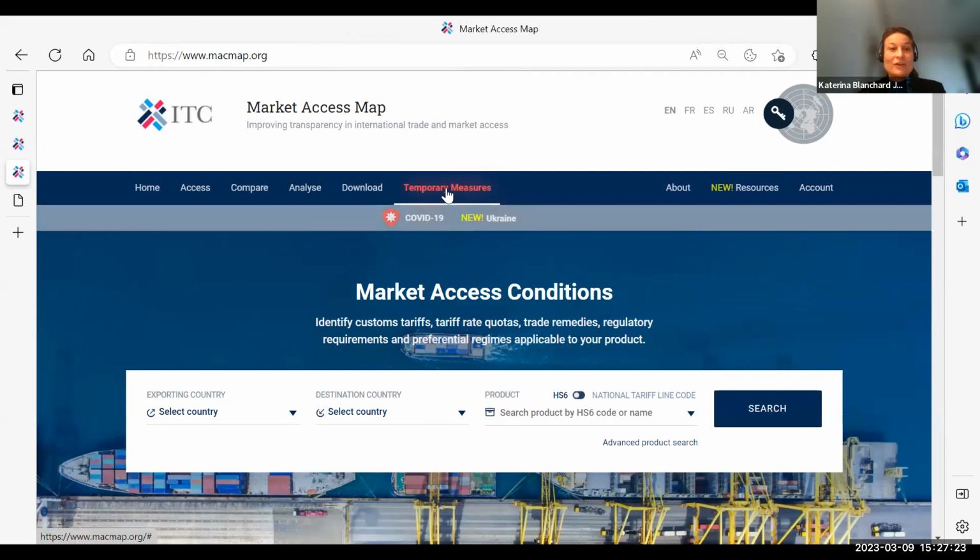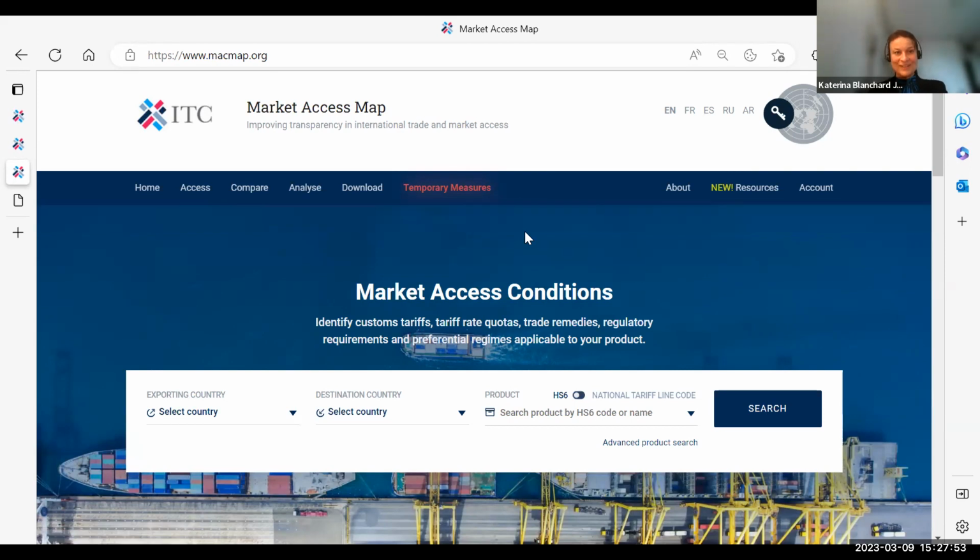We also have a special site with information on temporary measures related to COVID-19. We will soon be retiring this section because this information is not really updated, and we now have information about the temporary measures related to the war in Ukraine, updated on a monthly basis. So if you're interested in temporary measures, please do not hesitate to explore them.